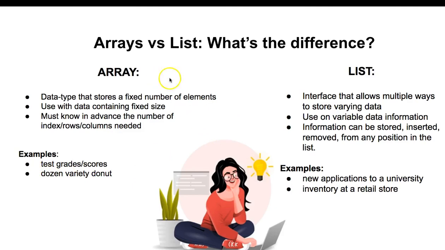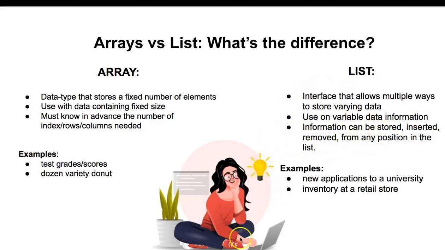Now, of course, a list is what we want to use whenever we're working with data sets that have a varying amount of data. Keep in mind that this is an interface, so there are going to be classes that implement this interface. Once we understand lists, we're going to talk about the different classes that implement the list interface. Basically, these allow us to insert information and remove from any position in the list.